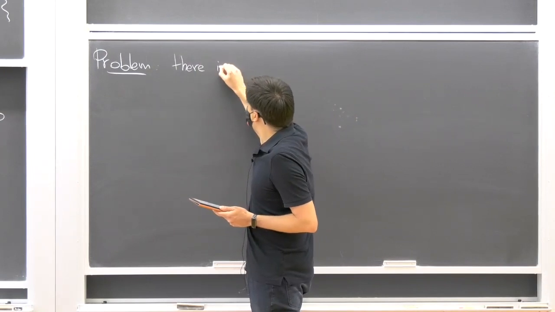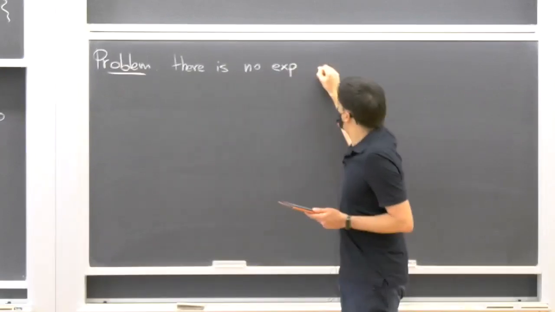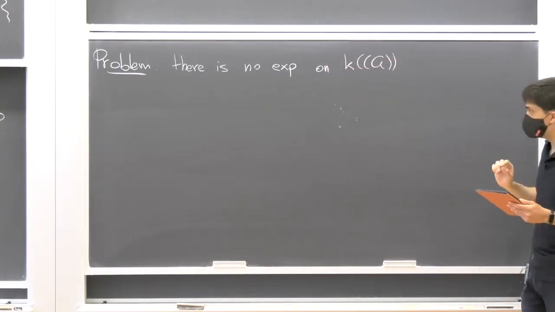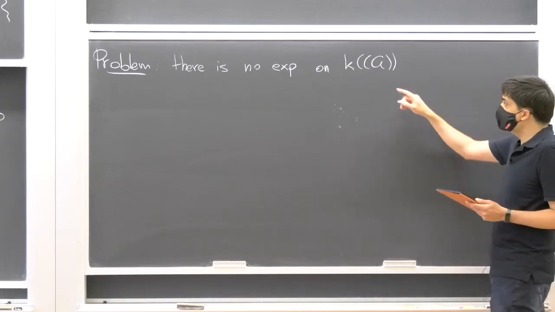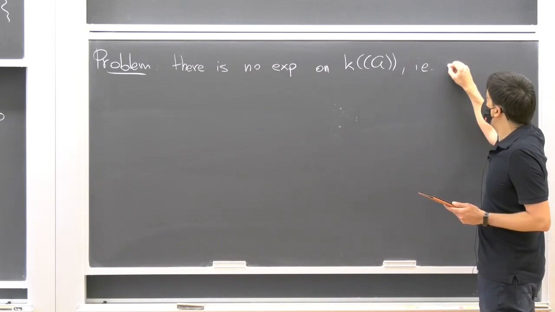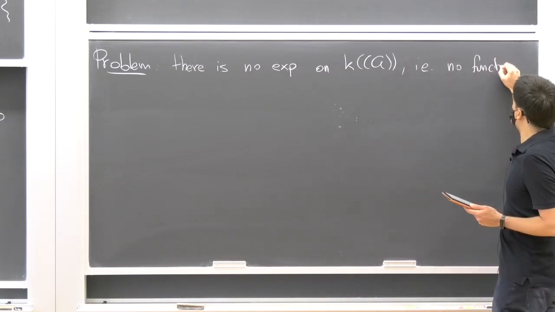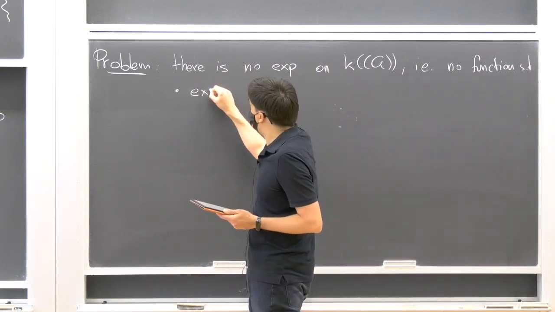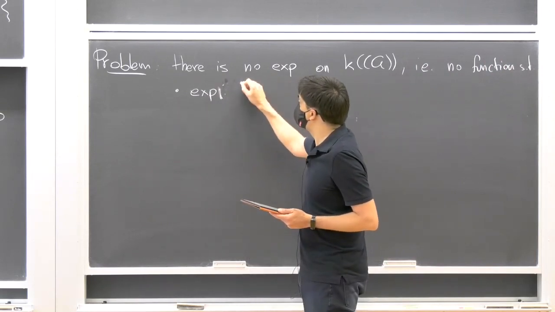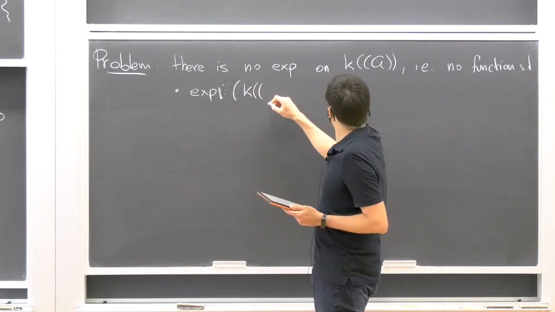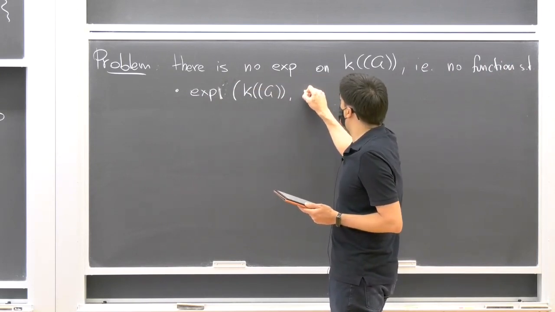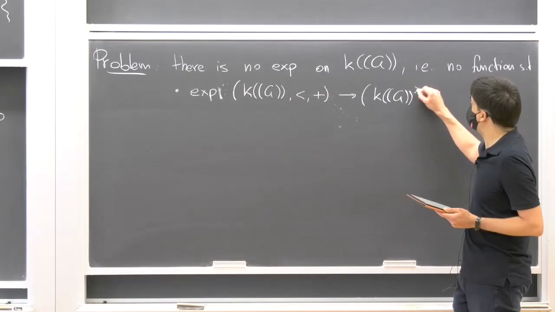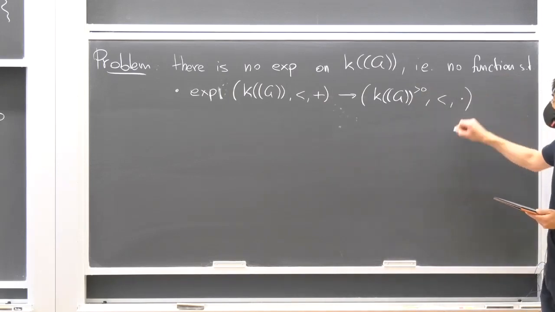But something that has been mentioned already a few times during this workshop is this one. There is no exp on K double bracket G. Now, what do I mean by no exp? Let me make this precise, because the assumptions are very limited, i.e. no function exp such that the usual exp is an isomorphism from K double bracket G plus to K double bracket G greater than 0 times.